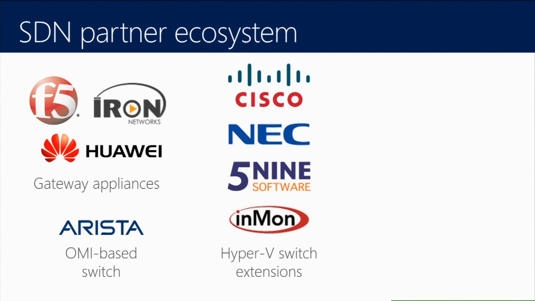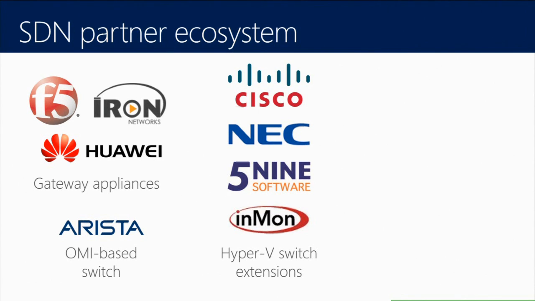Then we have Hyper-V vSwitch extensions. These extensions allow our partners to bring in their unique capabilities. So with Cisco's Nexus 1000V, we are able to interoperate with Cisco's environment and Hyper-V network virtualization with a consistent experience for operations, dynamic policy provisioning through Virtual Machine Manager, and improved security through an integrated environment that provides you to deliver services.